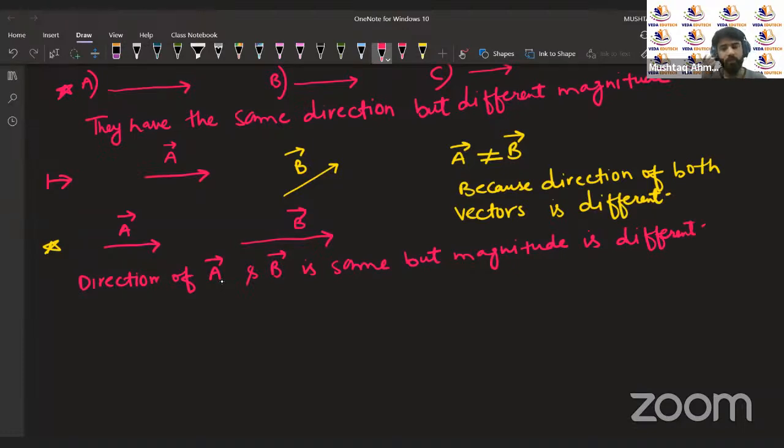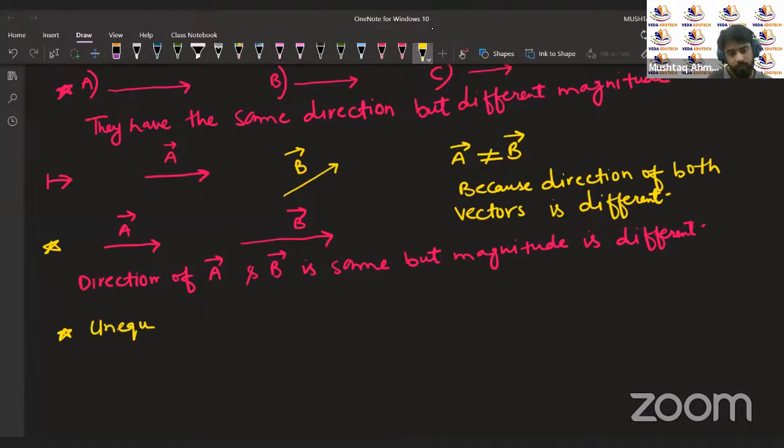And such vectors whose magnitude is different, or direction is different, or both magnitude and direction are different, such vectors we call unequal vectors.